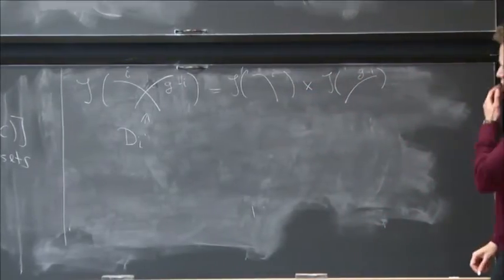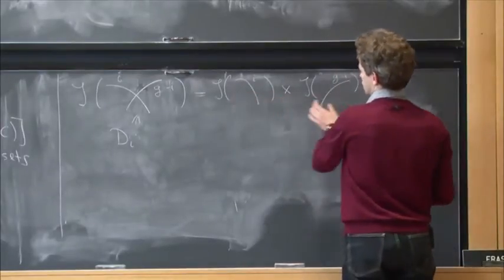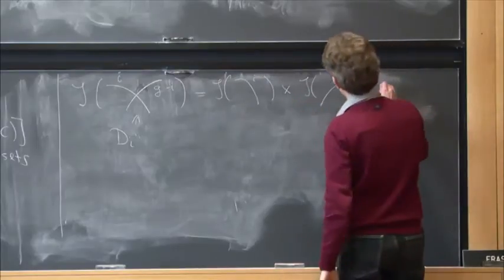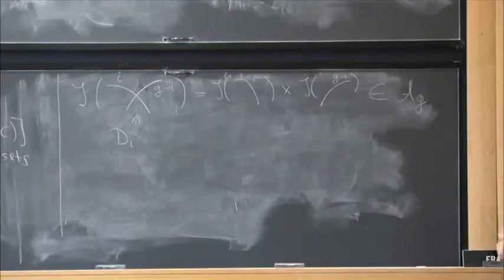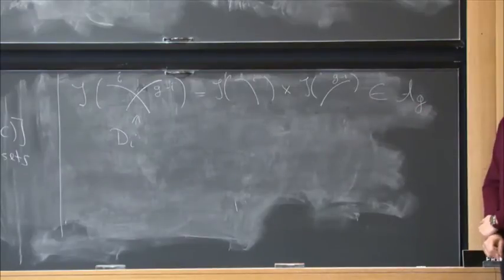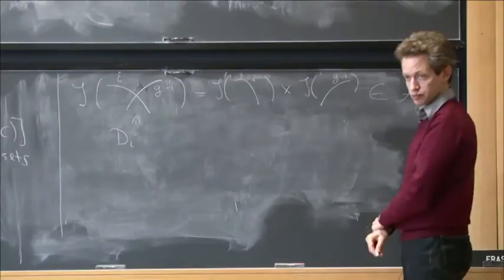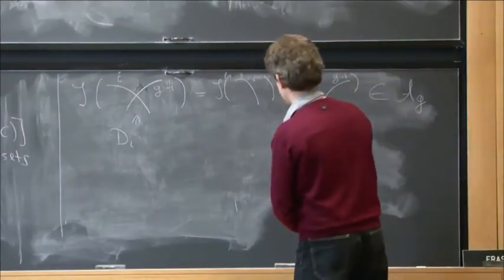So this object here is a product of one abelian variety and another abelian variety. And the product of two abelian varieties is a perfectly nice abelian variety. So it turns out that this Jacobian is just a nice principally polarized, as you can check, abelian variety, which is a product. As a principally polarized abelian variety, the polarization is a product.